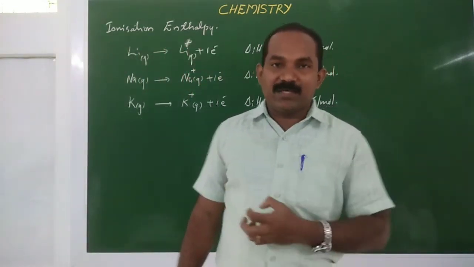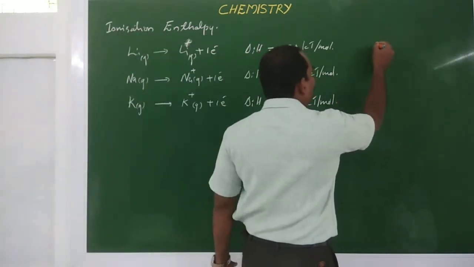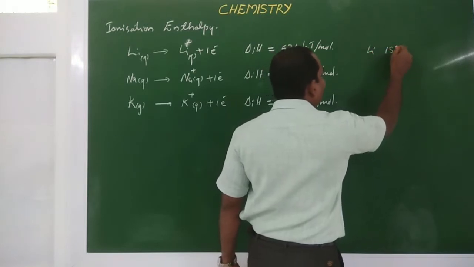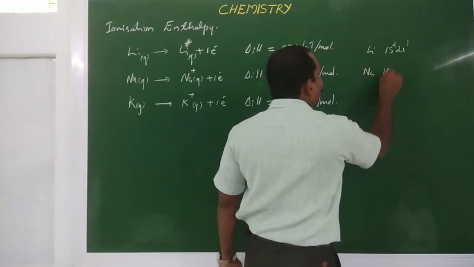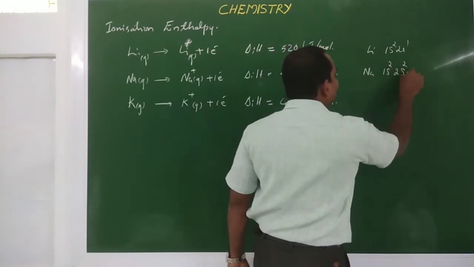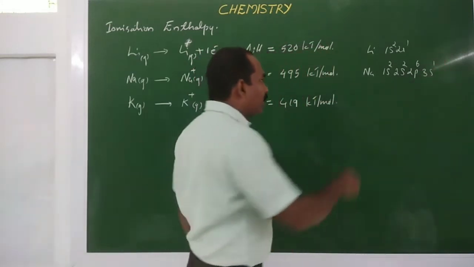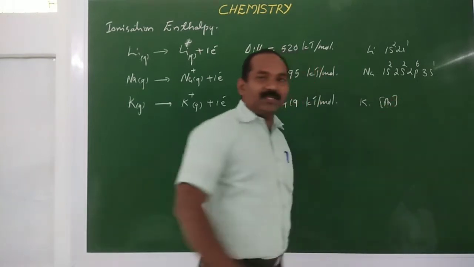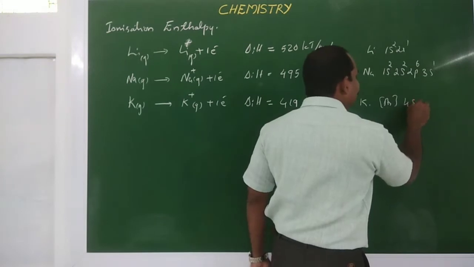So what do you understand from this data? Look at the valence shell electronic configuration. In the case of lithium, 1s2, 2s1. In the case of sodium, 1s2, 2s2, 2p6, 3s1. In the case of potassium, up to argon 18 electrons are completely filled in the inner shells, and then 4s1.